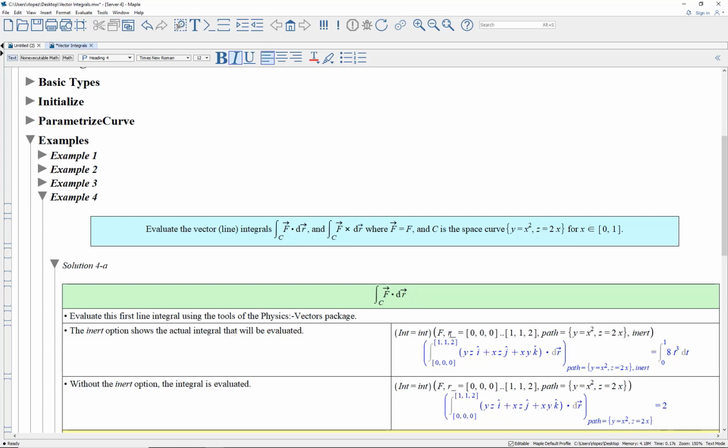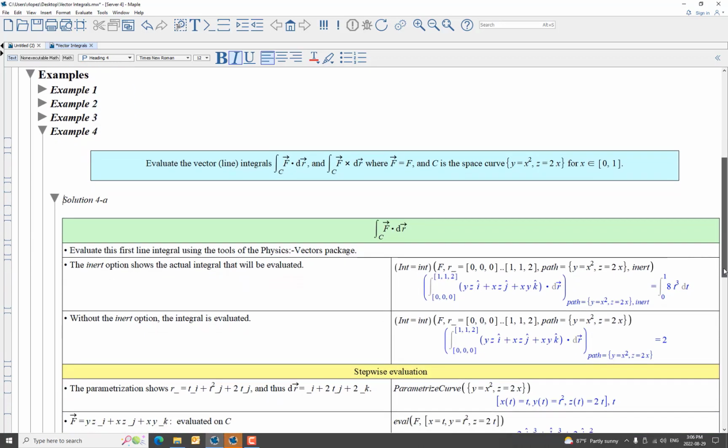Maple looks at these two and says, okay, it has to be a dot product. Initial point, terminal point, along this path. If you put inert, you actually get to see the integral you're going to evaluate. If you take away the inert, the integral is evaluated, and it's 2, and you can see that it's going to be 2t cubed over 3. You get a 1/4, 8 over 4, 2. There you go.